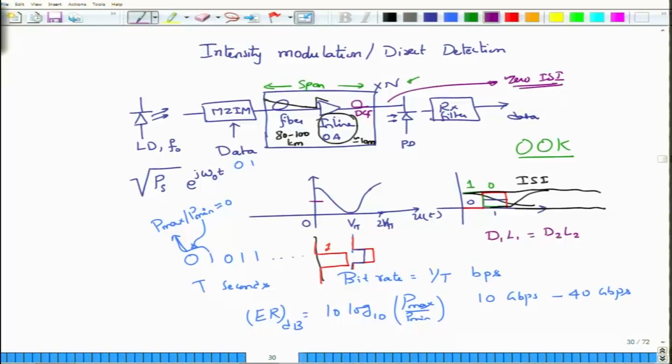Of course, in addition, each of these amplifiers would have added some amount of noise to the input, and the signal that you receive will be a noisy version of the input signal that has been transmitted. So the optical pulses that you receive here will be noisy, and further, when you convert this optical signal into an electrical signal by putting up a photodetector, the output of the photodetector would have additional noise which comes from a couple of sources.